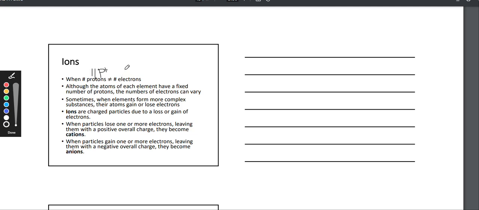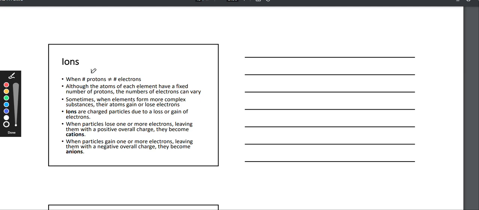And because it's at its elemental state, the 11 protons have 11 electrons to balance that positive charge. So the number of protons and electrons here is equal. When that balance no longer exists, that means I have fewer or more electrons than protons. Then that's where the ion forms.